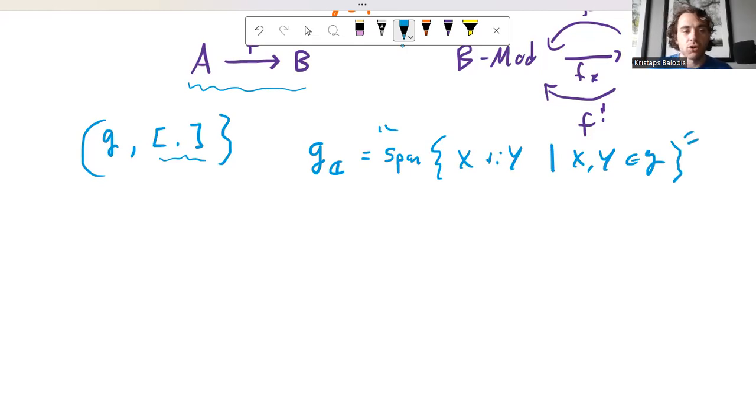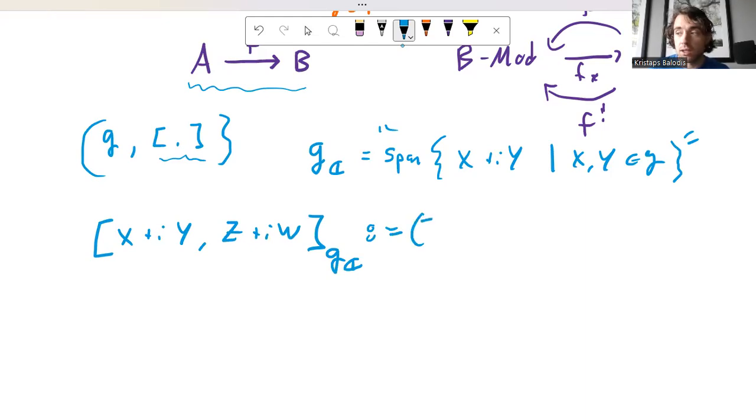And I'll leave it to you to make it more precise using either definition we used above. How should we define the Lie bracket on the complexification?